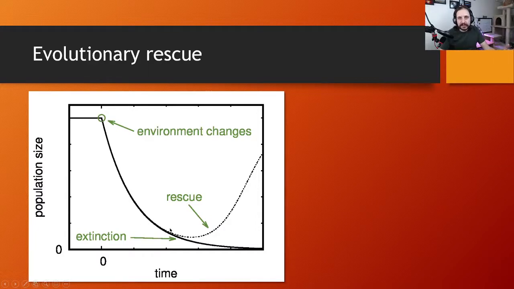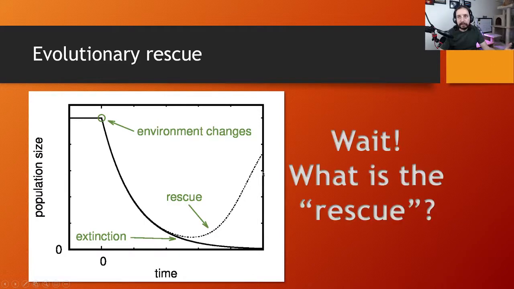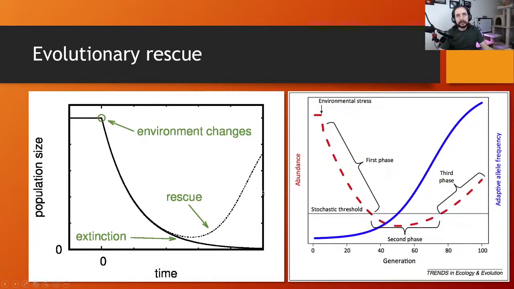Something happens here which ends in rescue. But what is the rescue? The rescue is basically the genetic change that's happening. It might be a mutation, or a mutation you bring from another source, but it is a small mutation that's introduced here, and it starts to increase in the population very fast because it is advantageous under this situation, and it increases by a lot.